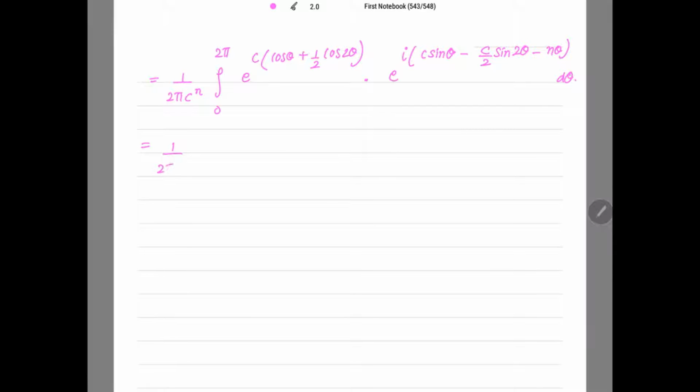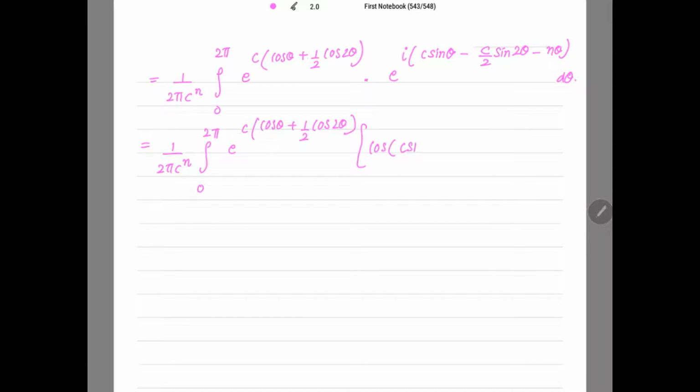Now 1 over 2 pi c to the power n, 0 to 2 pi, e raised to the power c cos theta plus 1 by 2 cos of 2 theta. Let this remain as it is. And now again e raised to the power iota, this is the whole angle. So what we have to do is again change this to cos of theta plus iota sine of theta, where theta is the whole angle c sine theta minus c by 2 sine 2 theta minus n theta.